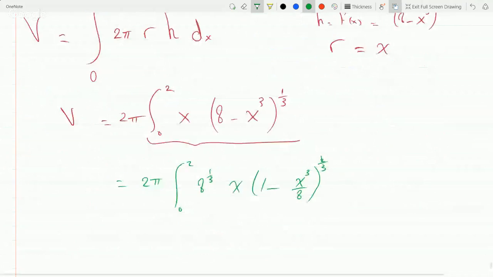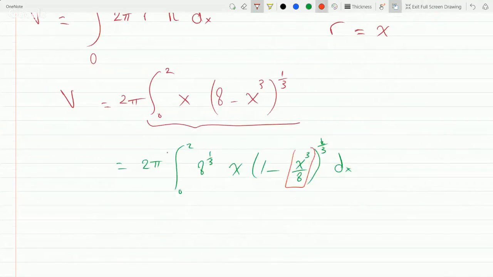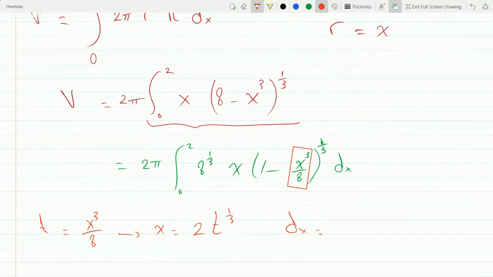And then we can call this t here. You follow? Yes. So t is equal to x cubed over 8, which makes x to be 2t to the 1/3, which makes dx 2/3 t to the minus 2/3 dt.